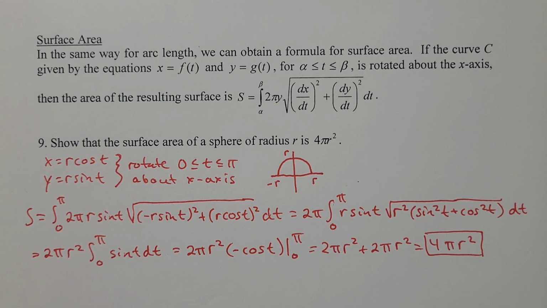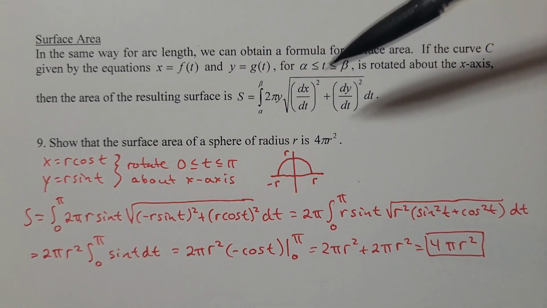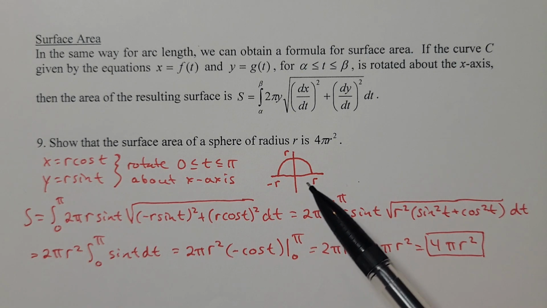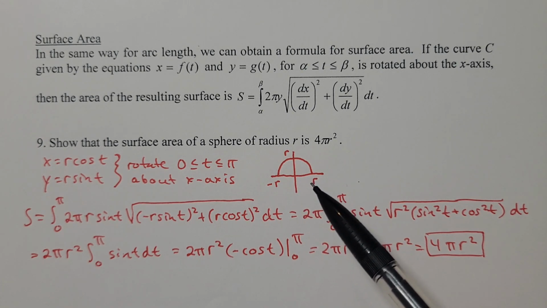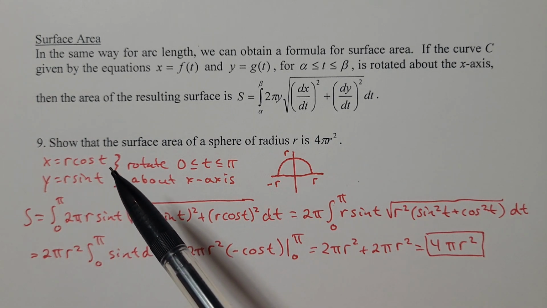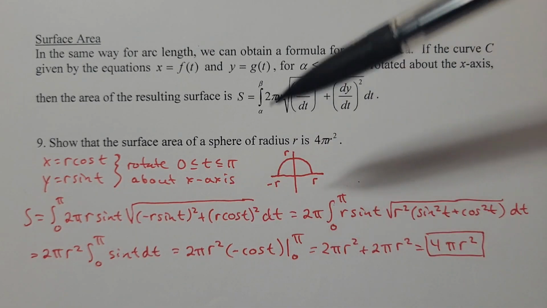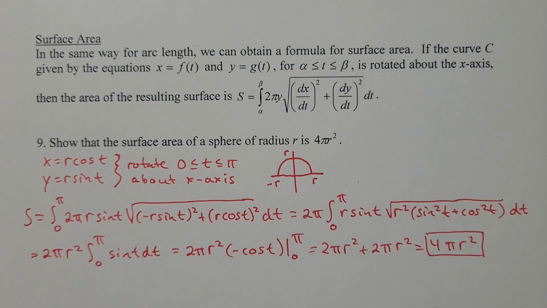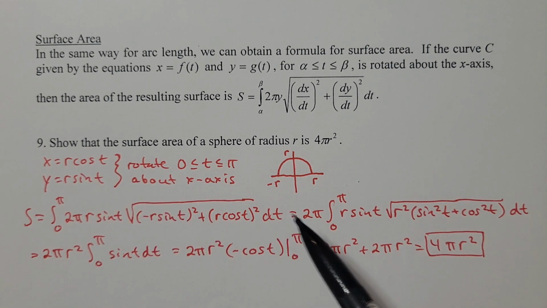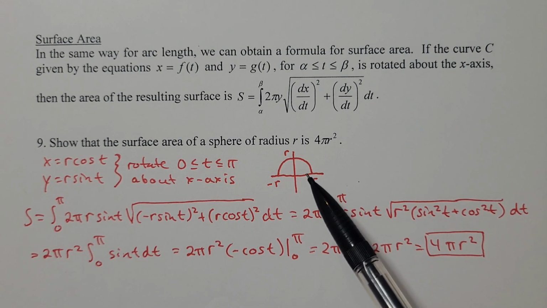So I've got a circle of radius r, and I'm rotating the interval from 0 to pi about the x-axis. Let me start with 0. If t is 0, cosine of 0 is 1 and sine of 0 is 0, so x would be r and y 0, and you'd be starting there.